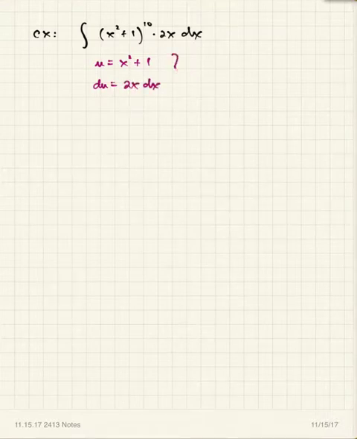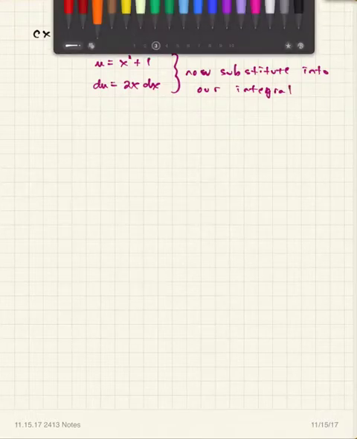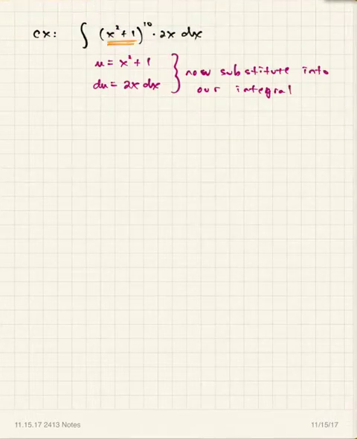So now what we do is we take these two statements right here and now substitute into our integral. Now, look what you've got going on here. There's u right there, and this piece right here would be du.